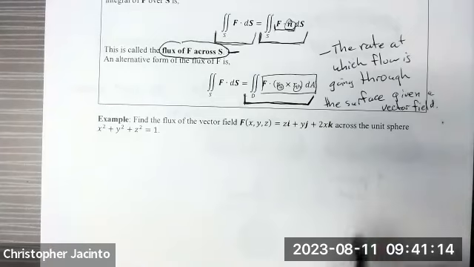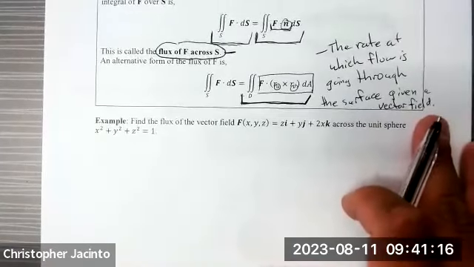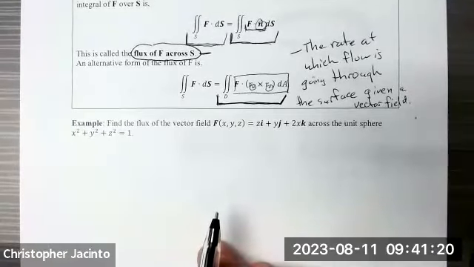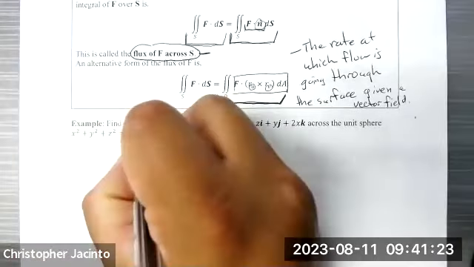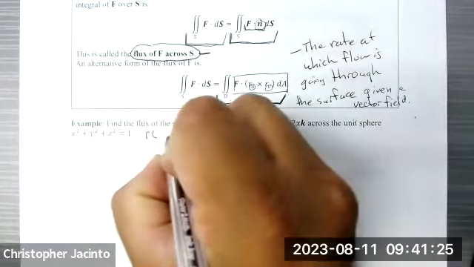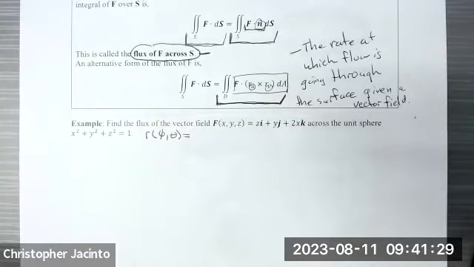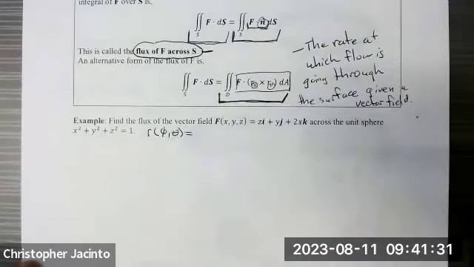Everybody's favorite, I know. Back to spherical. So x, y, and z are only going to be in terms of phi and theta. It's literally the exact same example we had earlier.